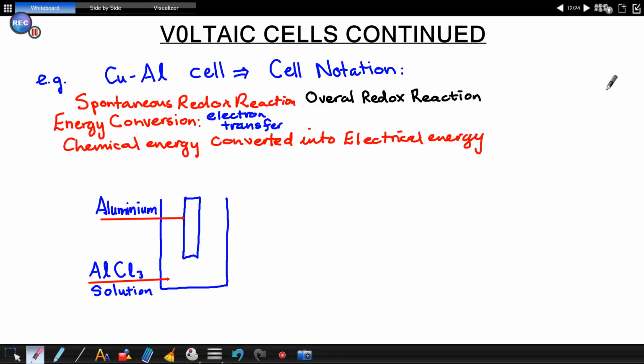We can't measure that, but there is a potential difference between a metal and an electrolyte. So there is the tendency to want electrons to flow. Are you with me? It's brand new. It's the first time I'm saying this.